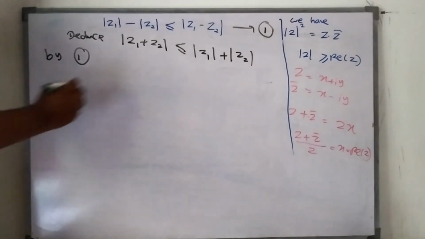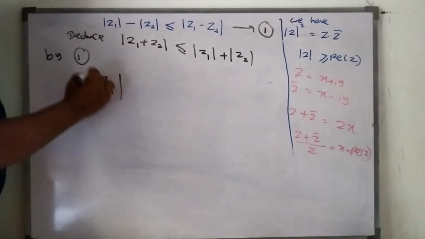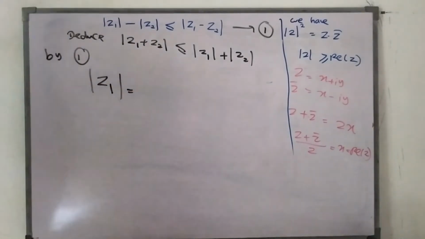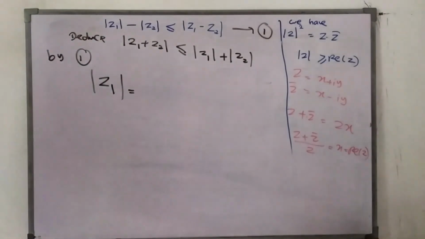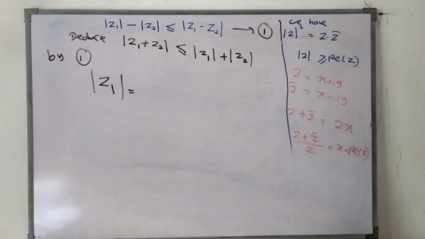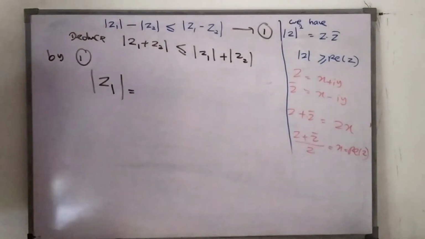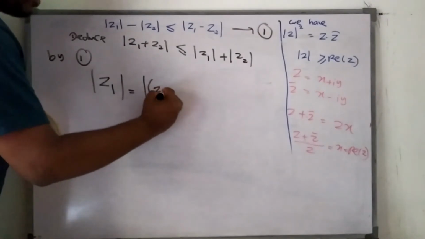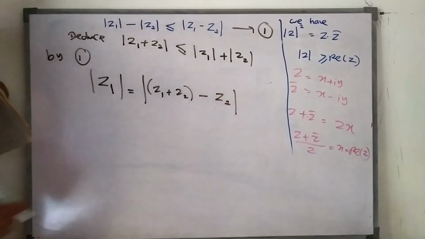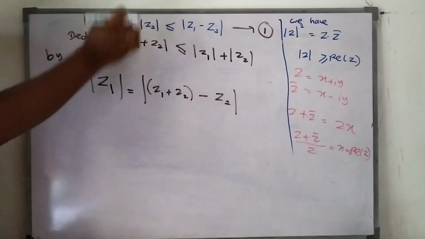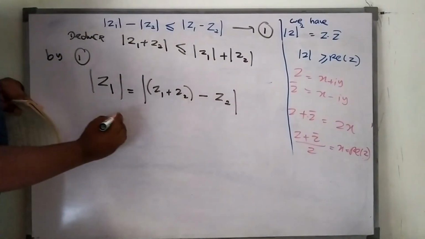So actually z1 can be written as z1 plus z2 minus z2, right? So what is this according to this one?